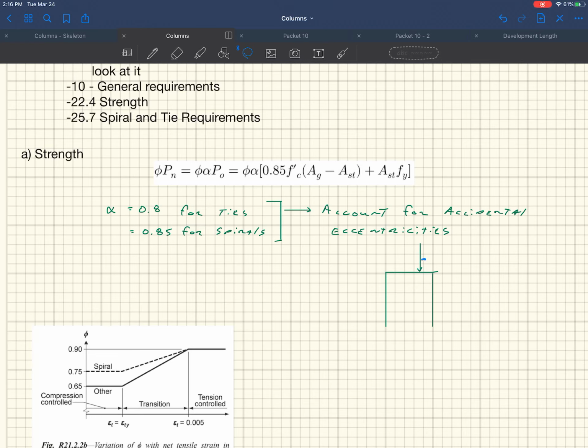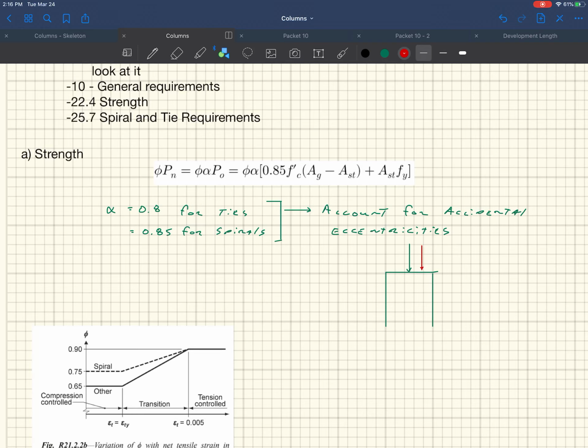That your capacity would go down, right? You're designing it as if it's perfectly concentric, but what happens if the load's off a little bit, right? Do you think that happens in design quite a bit? Or during construction? Absolutely, right? You have it very idealized on how this thing is going to be constructed, but if for some reason it ends up being offset just a little bit, your capacity will not be as much as what you thought it was going to be, right?